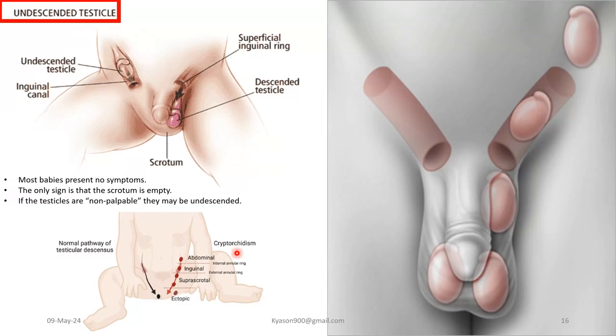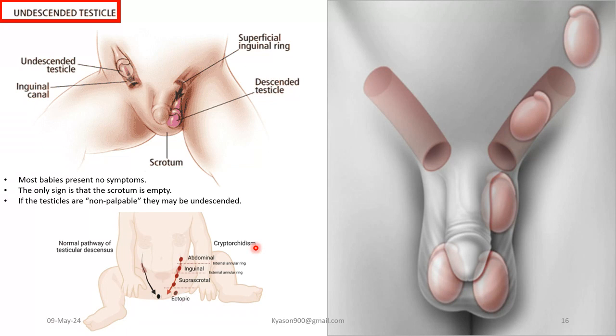These babies are not going to present with any symptom. The only thing is that the scrotum will be empty. That's why after birth, usually midwives have to palpate the scrotum to see if they are feeling any testicles there, to rule out cryptorchidism.